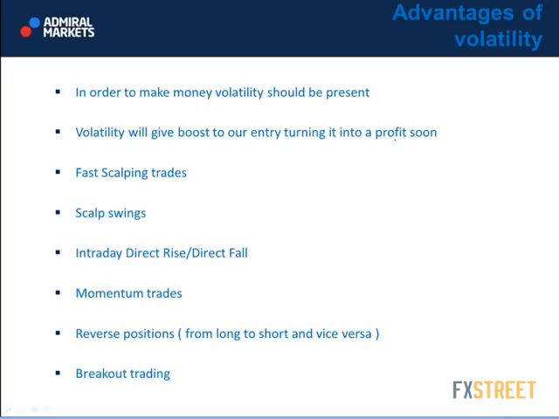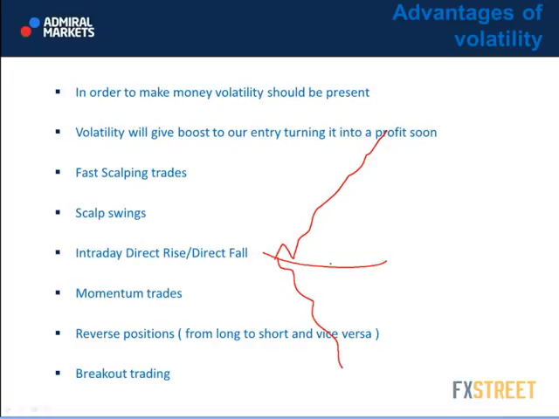Then we have intraday direct rise or direct fall. That can be a good thing if you are already in the price. So let's say that you're in the trade, and there is a direct rise. This is direct rise, and this is direct fall. If the price is making higher highs without any sign of retracement, that is a direct rise.